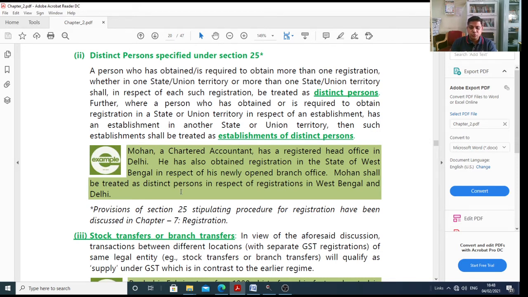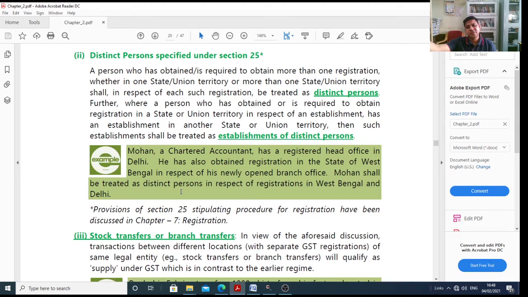If you do professional activity in two or more states or two or more union territories, you should register in each and every state. If I do business in Maharashtra and my office is located in Maharashtra, I should register in Maharashtra.